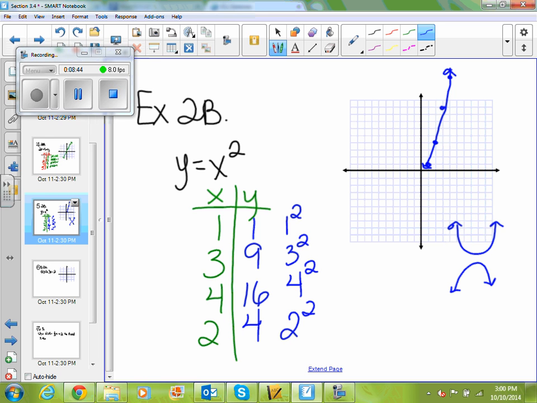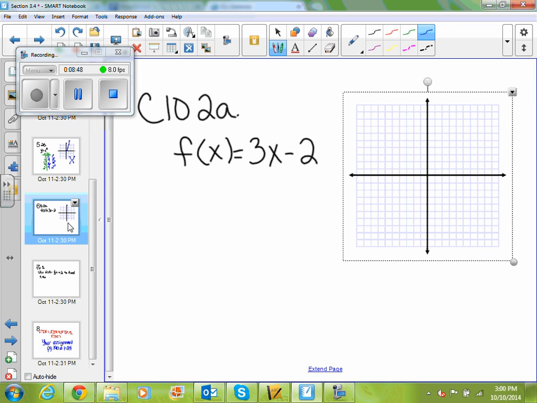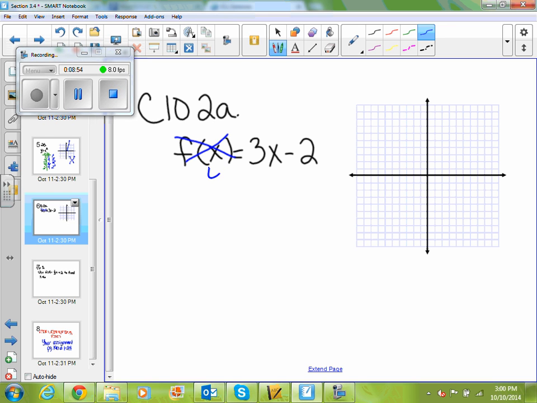Okay? Alright, let's do 2 more, and you guys can get started on your assignment. Alright, so again, f of x equals 3x minus 2. And remember, f of x is the same thing as y, so this is like y equals 3x minus 2. So we're going to make a table of values. Okay, I can use any number, so what numbers do you guys want me to use? 3, okay.